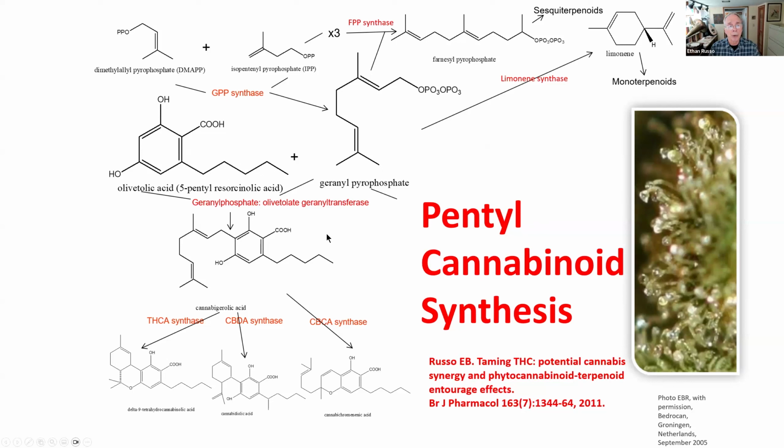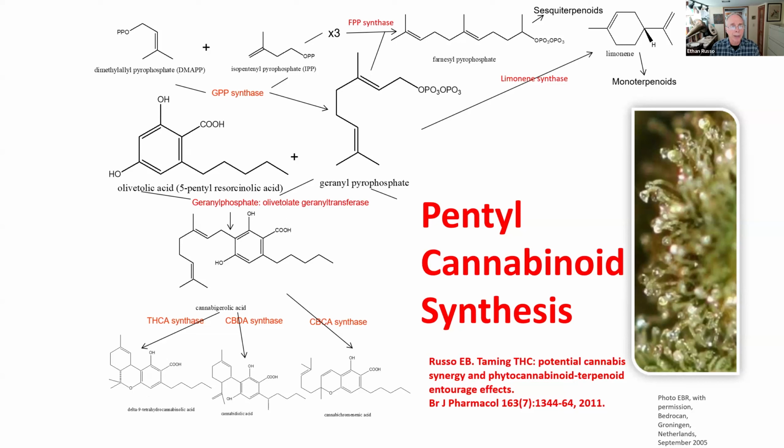The mother of cannabinoids is cannabigerolic acid. You'll notice that the cannabinoids are in the acid form in the raw state. And it's only with decarboxylation, the loss of the CO2, that we get the subsequent products, which would be THC, CBD, and CBC.